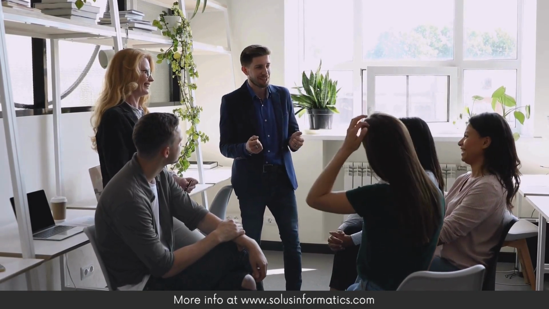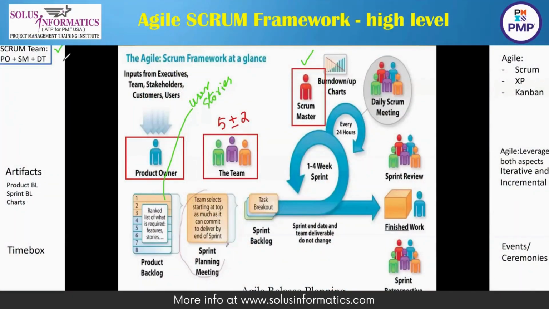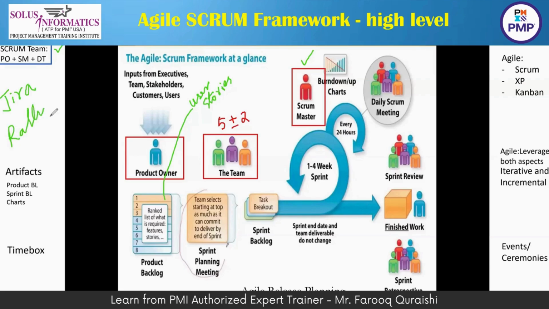He's more of a facilitator. So you have the term Scrum team, and in fact, you have very popular tools like Jira and another tool called Rally. In Jira, for example, you write user stories and create the product backlog. So the product backlog gives an overview of the entire product, right?